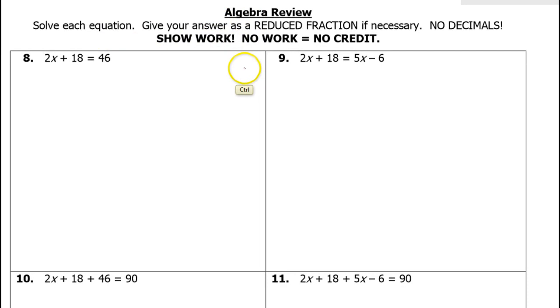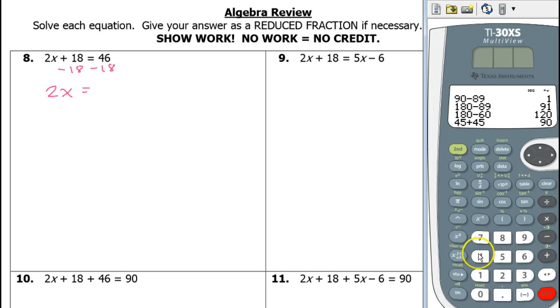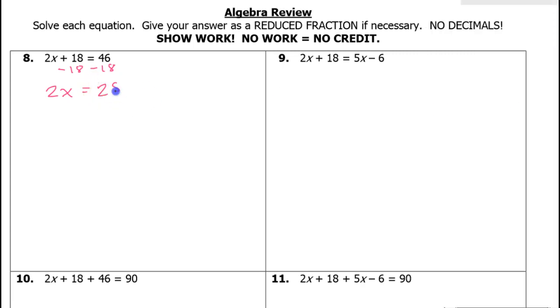Okay, this is some algebra review. So when you're solving an equation, you're trying to get x by itself. You would start off this problem by subtracting 18 from both sides. So that will leave you with 2x equals 28.